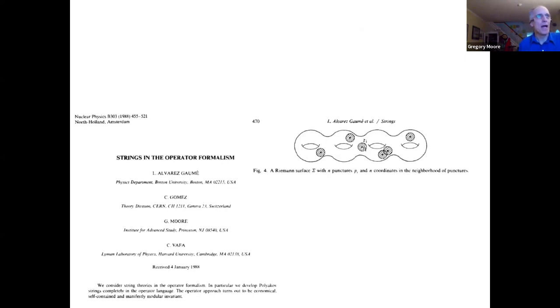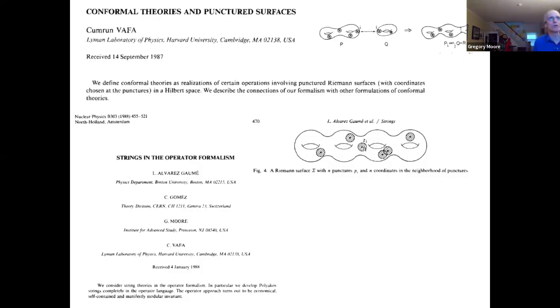And that idea is certainly there in the Friedan, Martinec, and Shenker paper, and probably lots of other places in the literature at the time. And then Kumran made the observation that, well, if we just glue those circles together to make another Riemann surface, then everything works nicely.